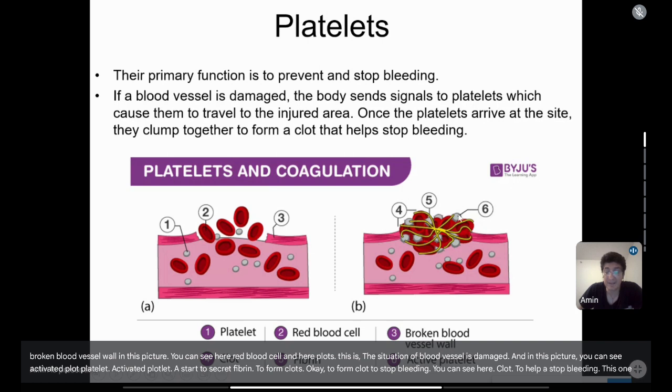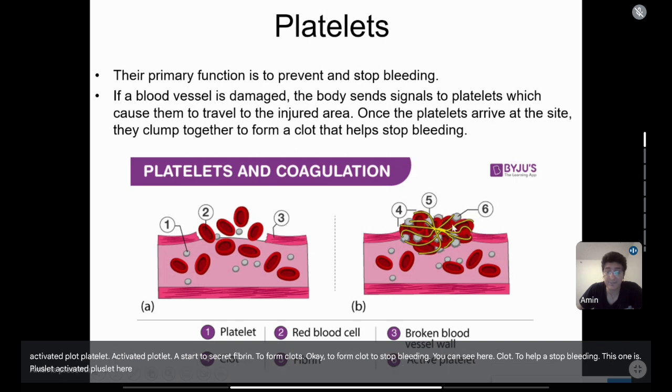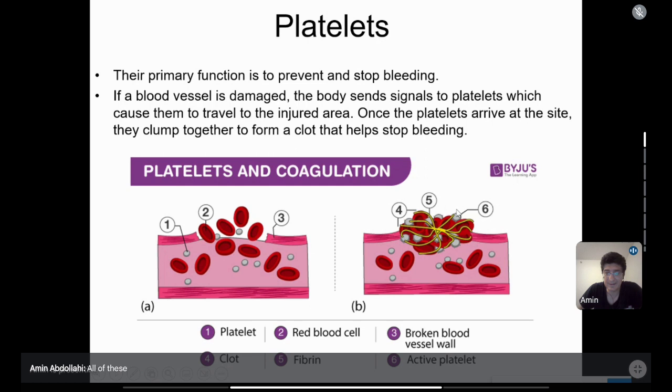This one is a platelet, an activated platelet. Here is fibrin. All of these are clot formation. In this process, you can see the function of platelets to prevent and stop bleeding.